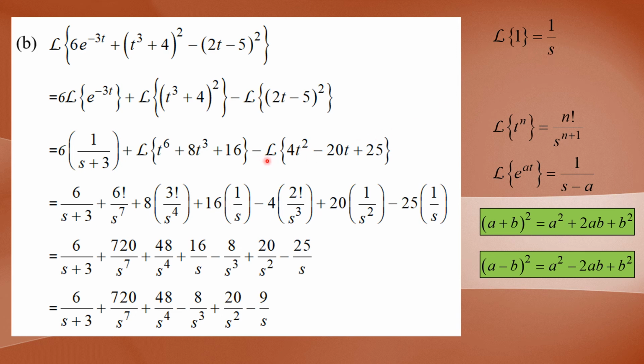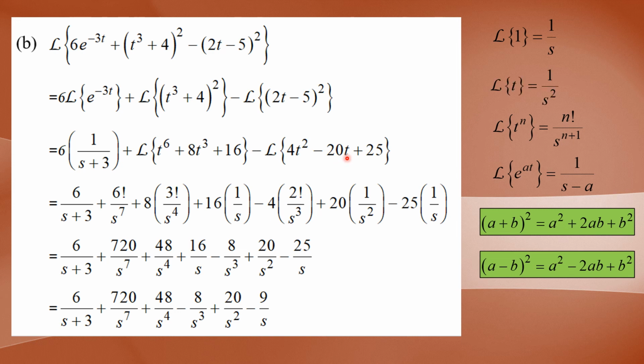Minus the Laplace transform of 4t squared. This is the same as minus 4 times the Laplace transform of t squared. Applying the formula where n is equal to 2, the Laplace transform of t squared is equal to 2 factorial divided by s cubed. Negative times negative gives a positive value for this term, so positive 20 multiplied by the Laplace transform of t.